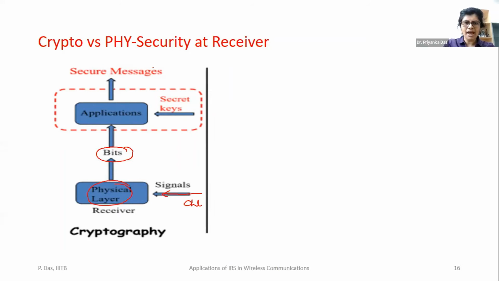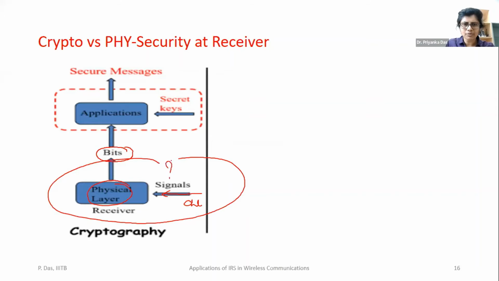Now, if I want to map the corresponding picture and view what is physical layer security, we will not say crypto, we will say physical layer security. You have to make sure your secure message is coming from the output of the physical layer itself. And how do you make sure the security is embedded?